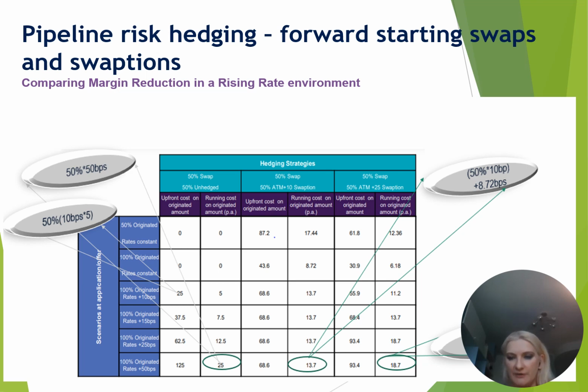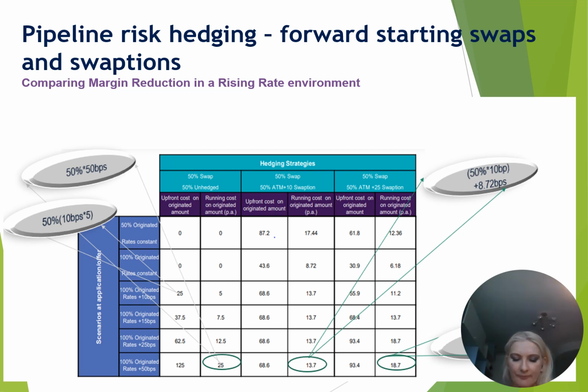So we are hedging the 50 million of the pipeline, which we expect to be drawn down with high certainty, with forward starting swaps. But for the remaining portion, we have the choice to leave it unhedged or to enter the swaption. Leaving it unhedged has obvious consequences because you are subject to the rate volatility and to the potential margin compression.